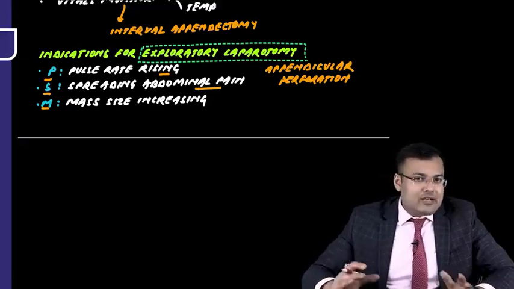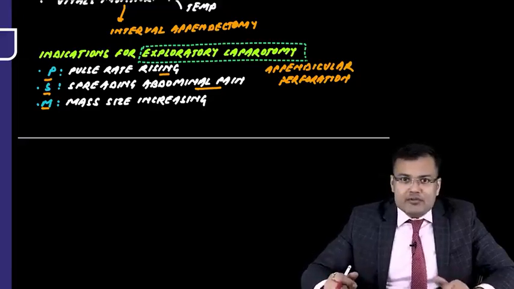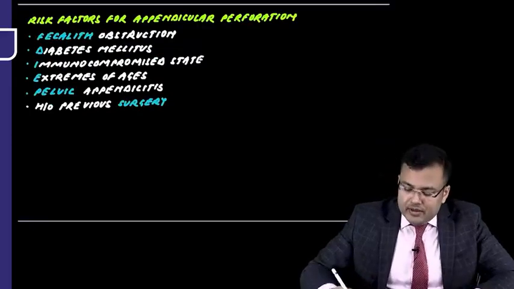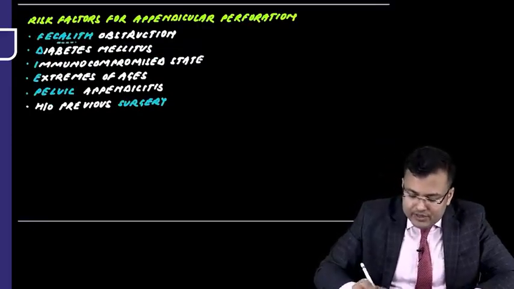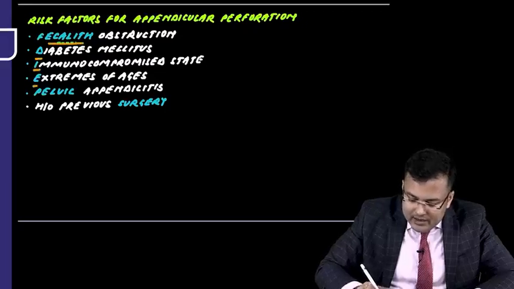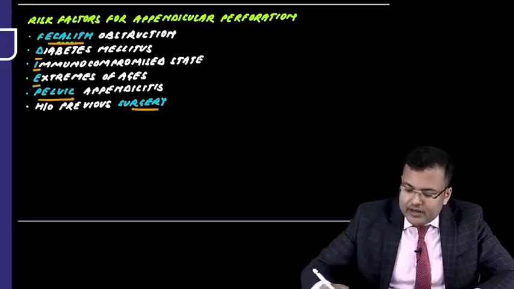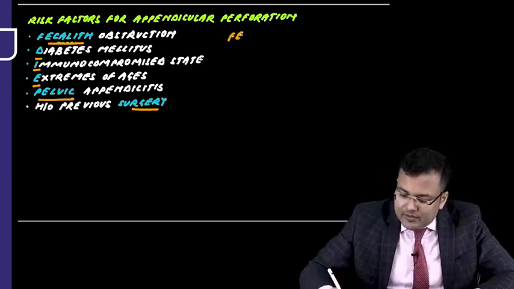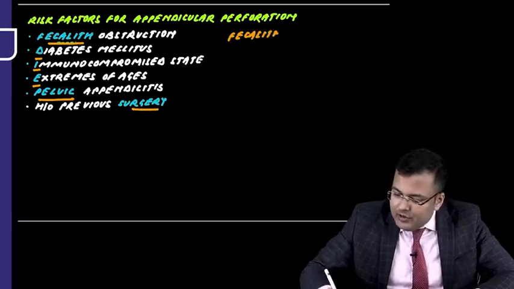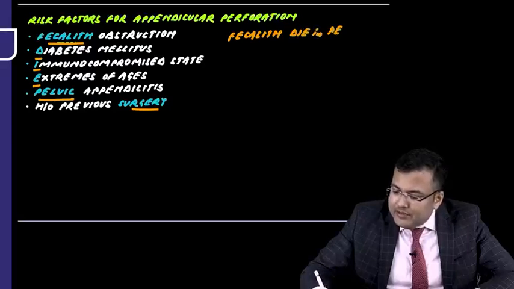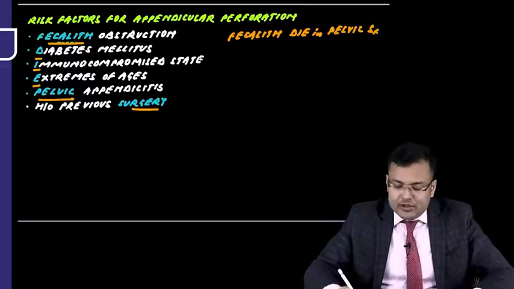What are the factors which increase the risk of appendicular perforation? How to remember? There is a mnemonic: Fecalith DIE in Pelvic Surgery. Clear? F means fecalith obstruction.